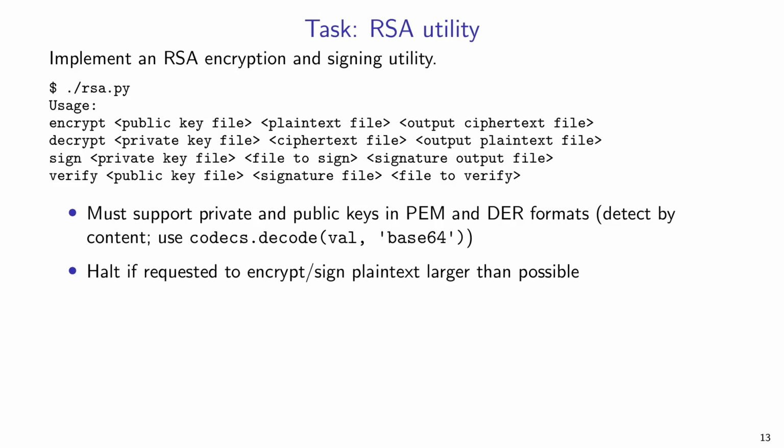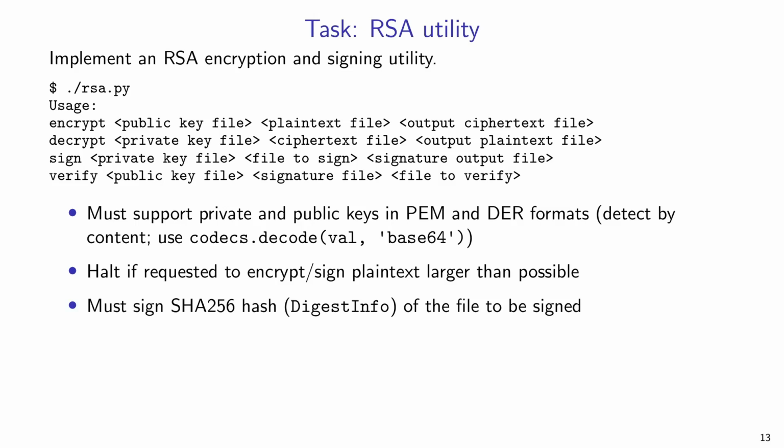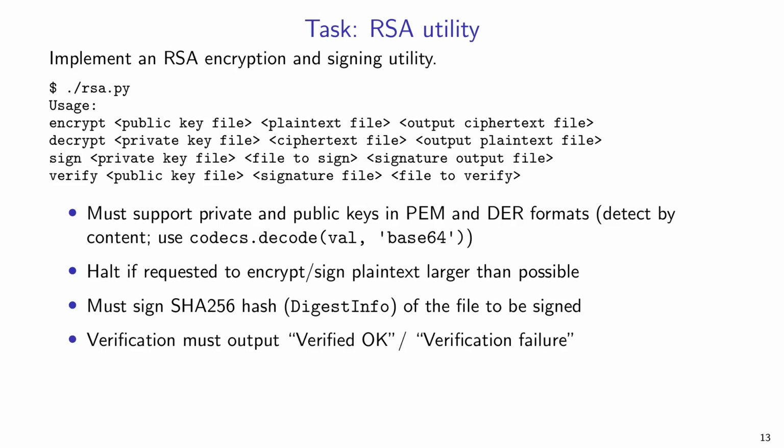Then the utility should halt with some meaningful error message if requested to encrypt or sign plain text larger than possible due to the size of the modulus. Okay? In signing mode, the tool must sign the SHA-256 hash, digest info structure, of the file to be signed. Signature verification must output verified OK or verification failure.